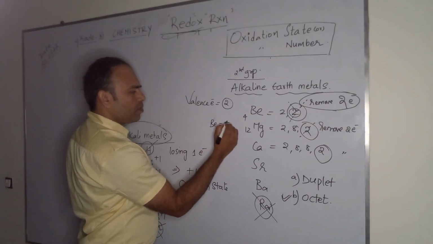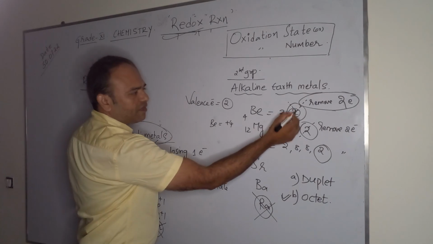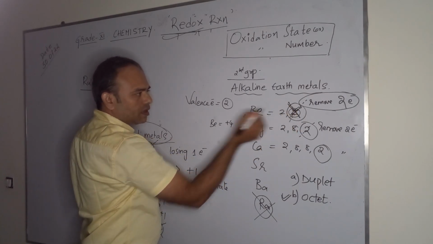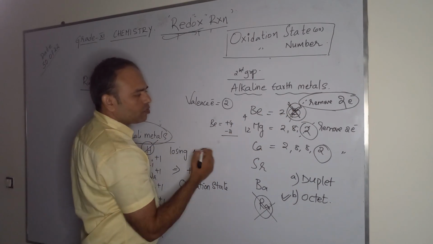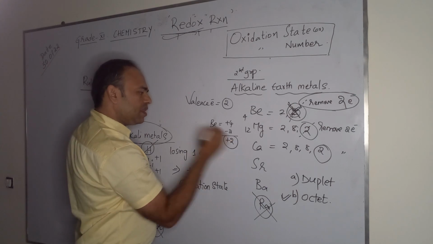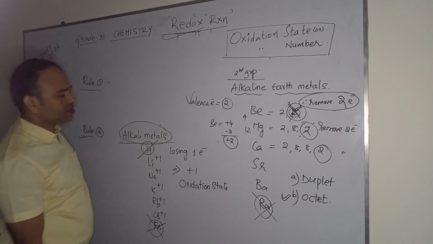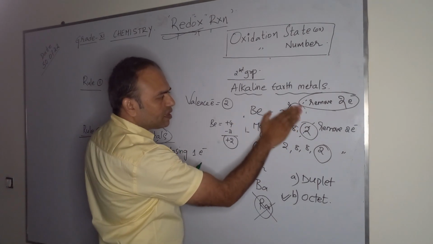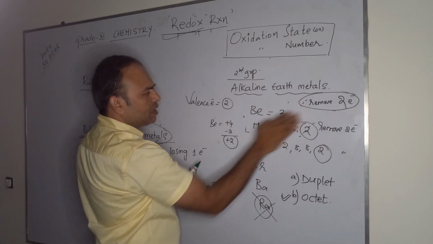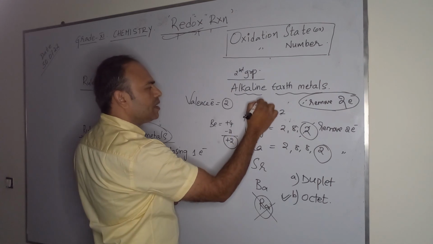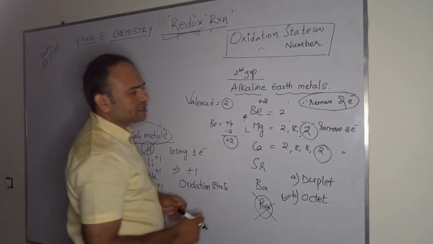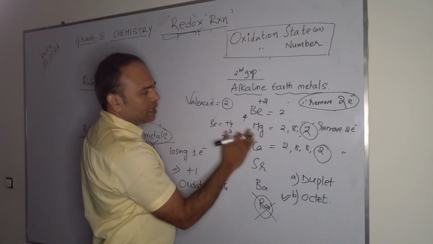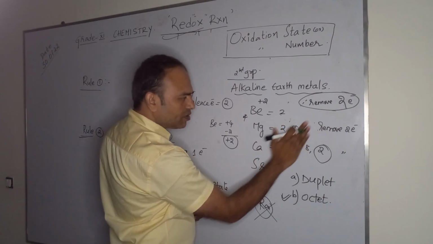Beryllium, +4 charge, after removing now has -2. So it is left with +2 oxidation state. So finally, after the removal of 2 electrons in beryllium, I can take +2 oxidation state.